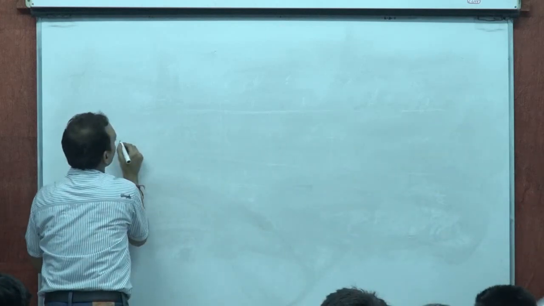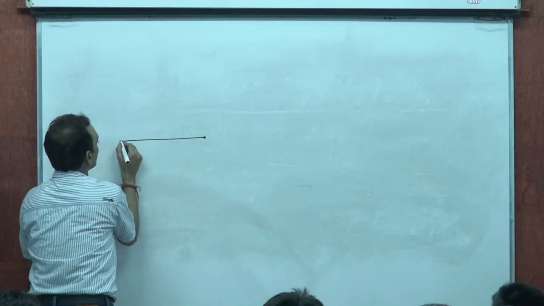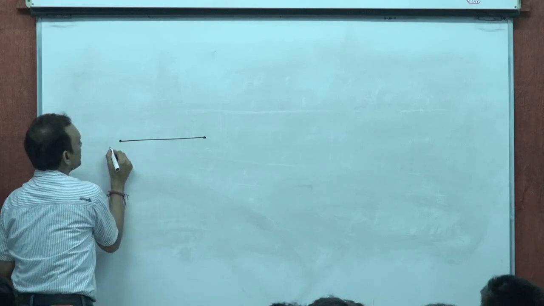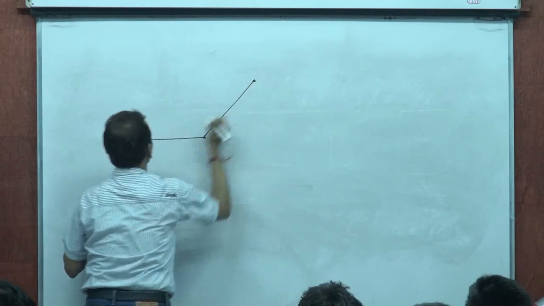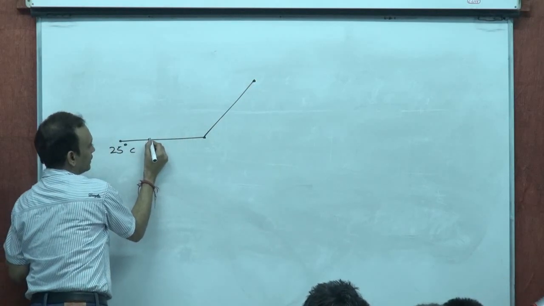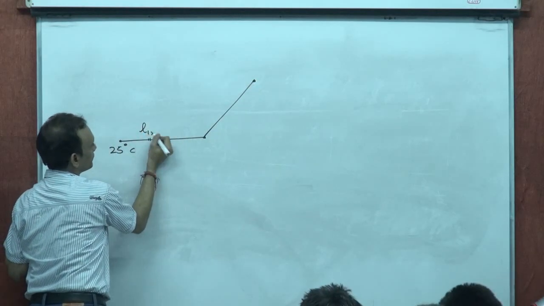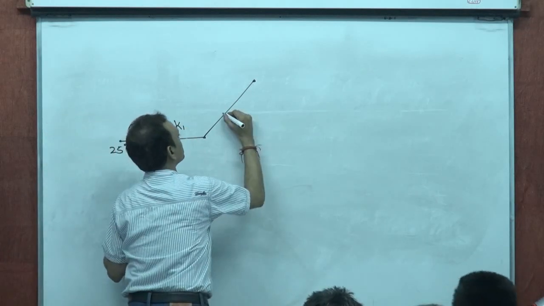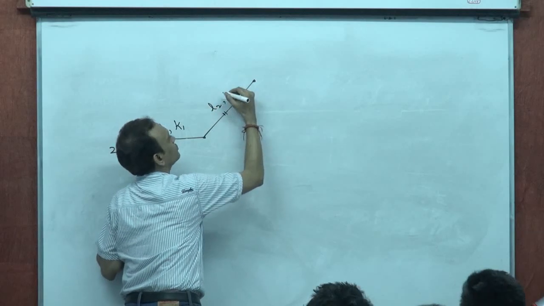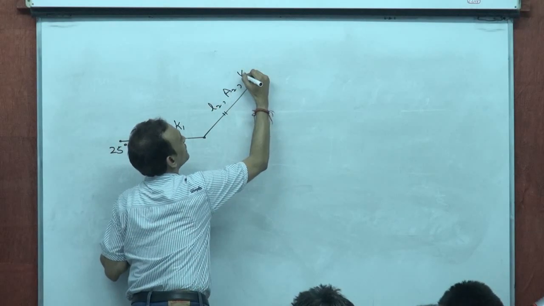Which means, let's say, if there is a rod here, this end is maintained at 25 degrees centigrade. Say this is length L1, area A1, thermal conductivity K1. This is another rod, length L2, area of cross section A2, thermal conductivity K2.